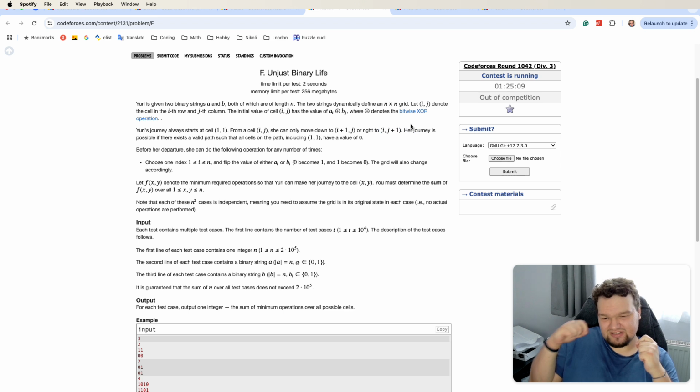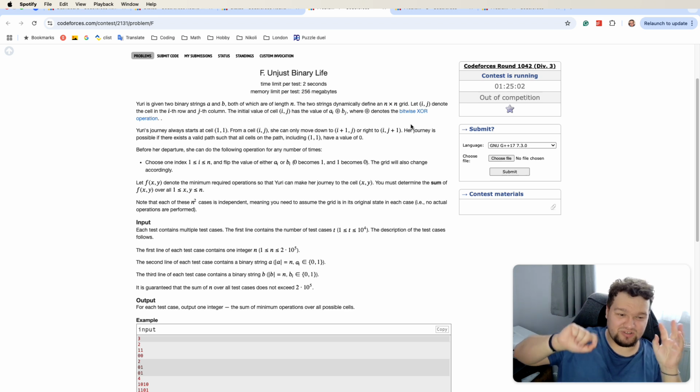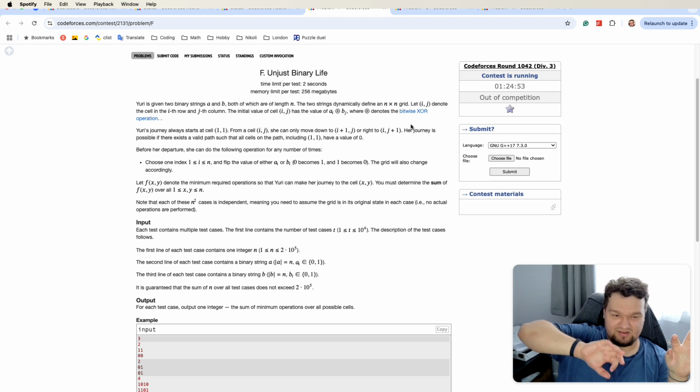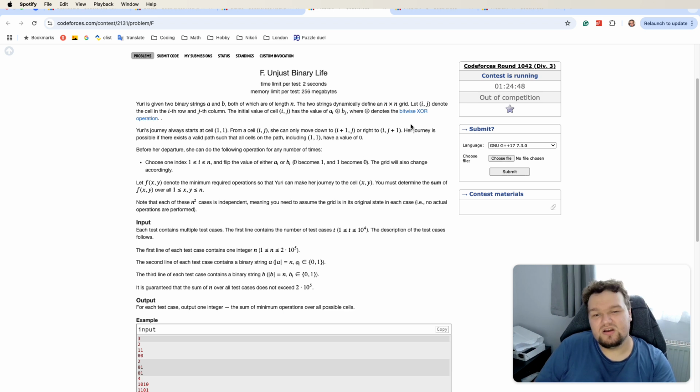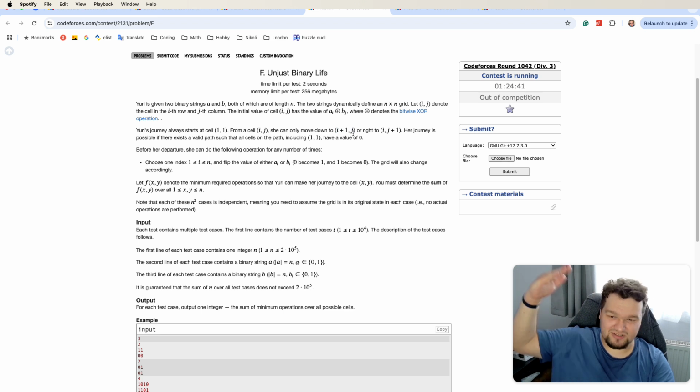We need to arrive in a cell where the value is also 0. But one of the values we XORed stayed the same and the other one we changed. So those two must be the same. But then it must be the same as everything we have seen before. So we will traverse all the rows and all the columns, so all the values we have seen must be the same.